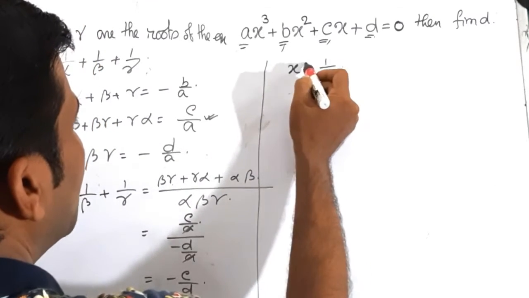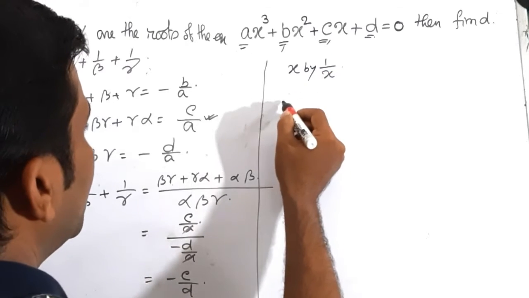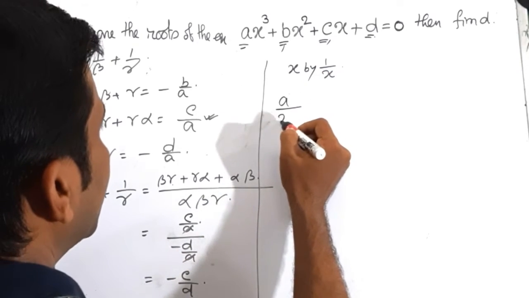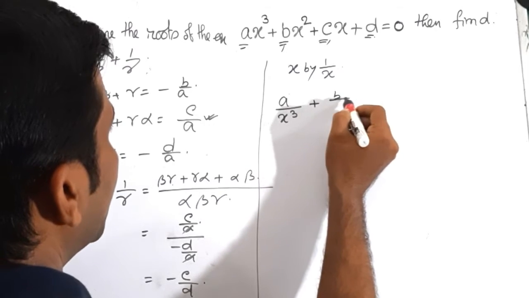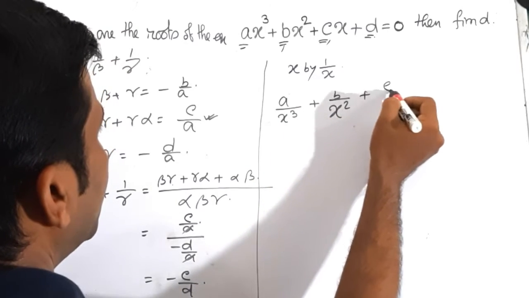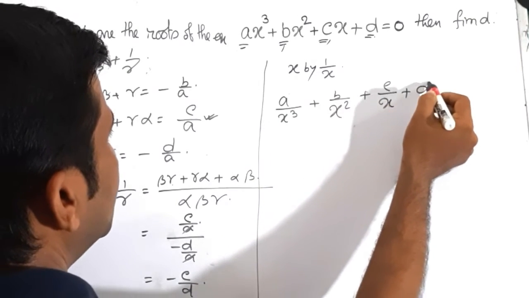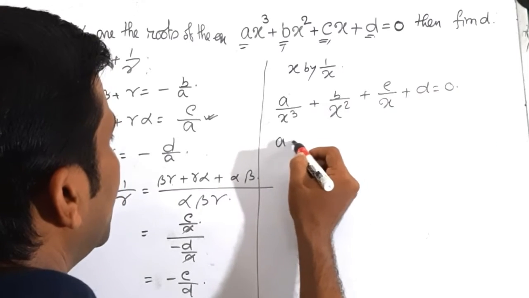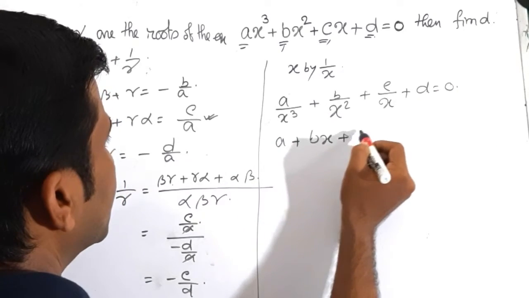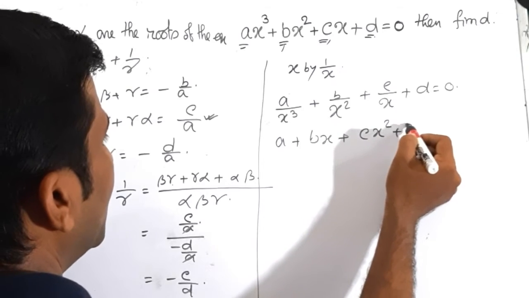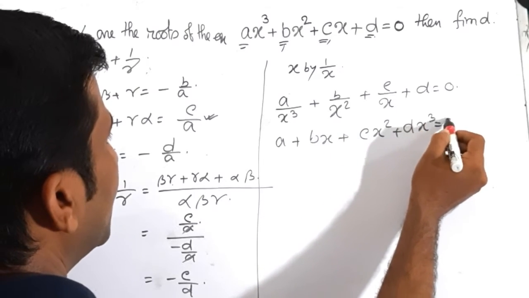Substituting x by 1 by x, we get a by x cube plus b by x square plus c by x plus d is equal to 0. That means a plus bx plus cx square plus dx cube is equal to 0.